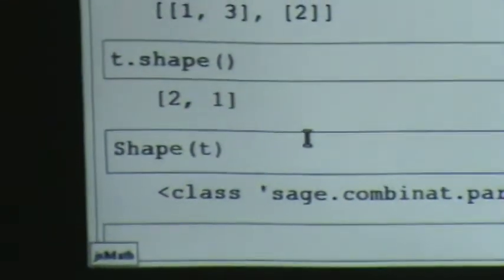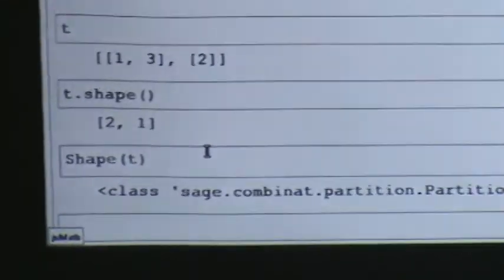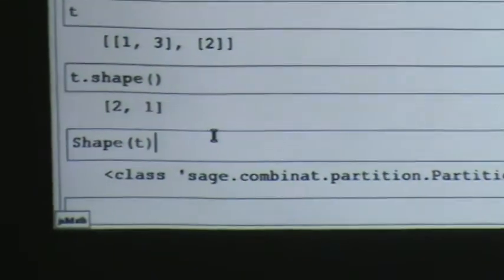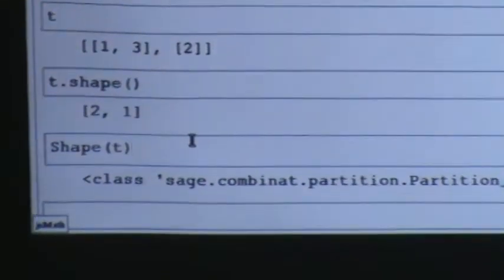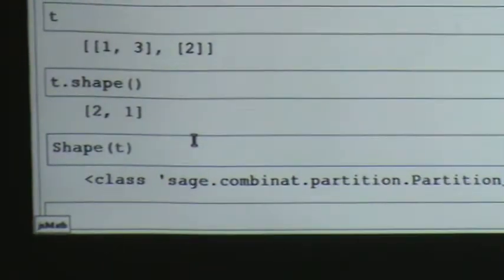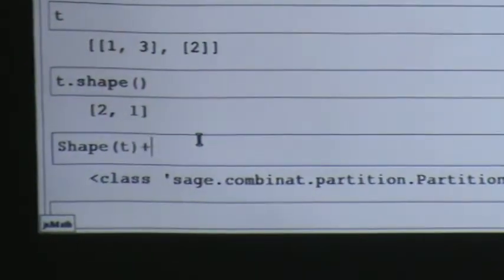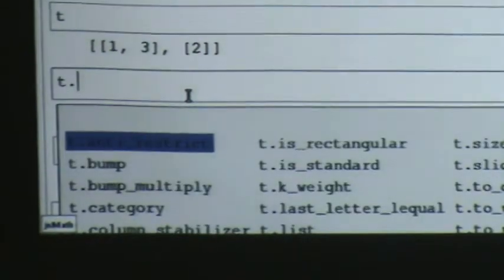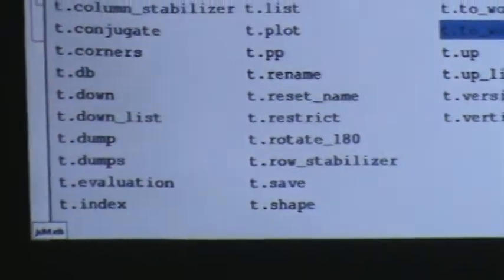So if this were done in something like Maple or Mathematica, you'd typically do something like Tableau dot shape. Right. But one of the nice things about Python is that all your objects come with the things that apply to them. Can you show the list of methods that go with standard Tableau? Yeah. So I press tab. You get bumping.